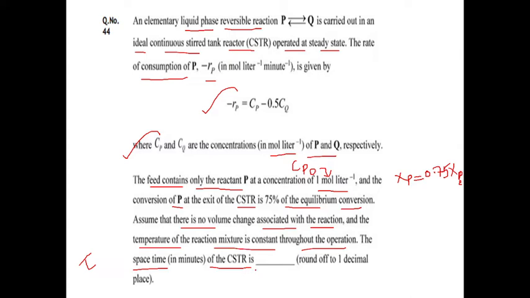After calculating the space time in minutes, we have to round off the result to 1 decimal place.